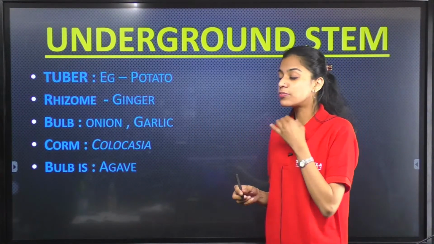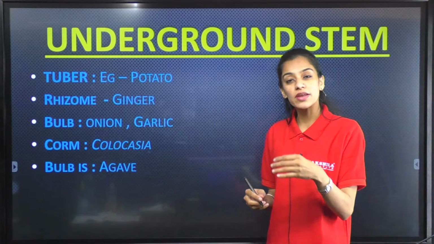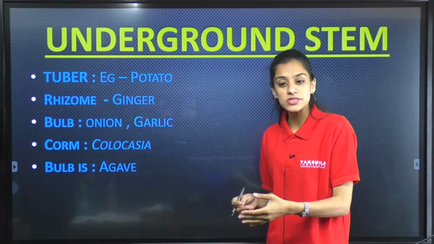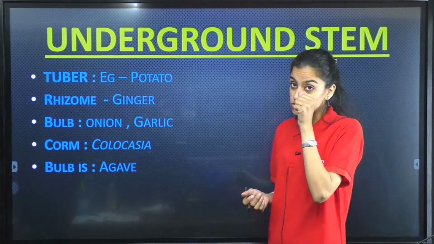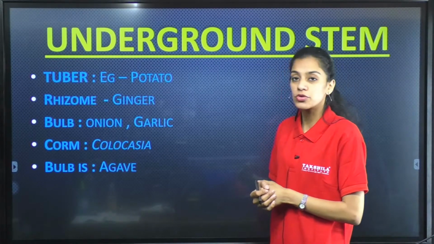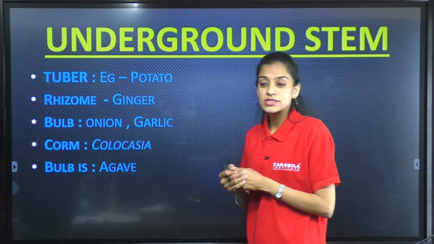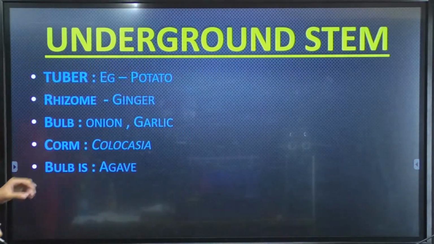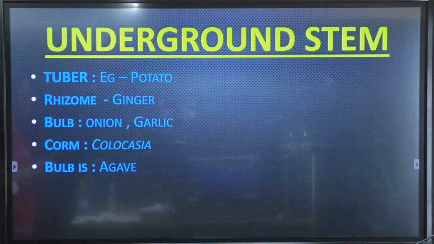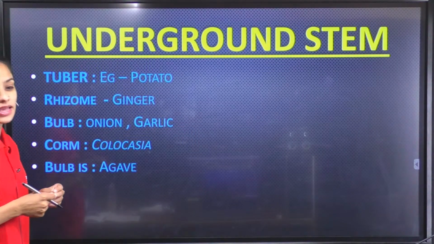Potato is an underground stem, so once we start growing it, or once we start germinating it, it will be forming the complete new organism. So tuber jo hai, that is for example your potato. Rhizome, you must have seen the ginger, so that is a rhizome. Then bulb, onion, garlic, corm, colocasia, and bulb is agave.